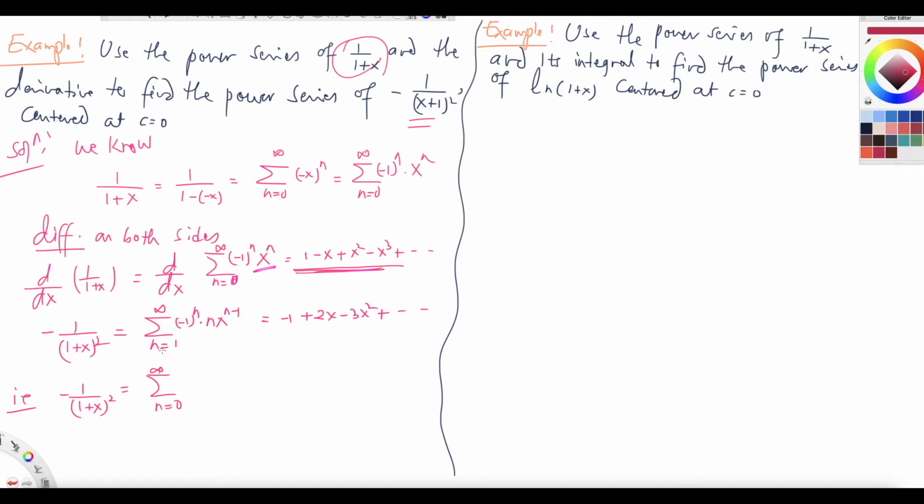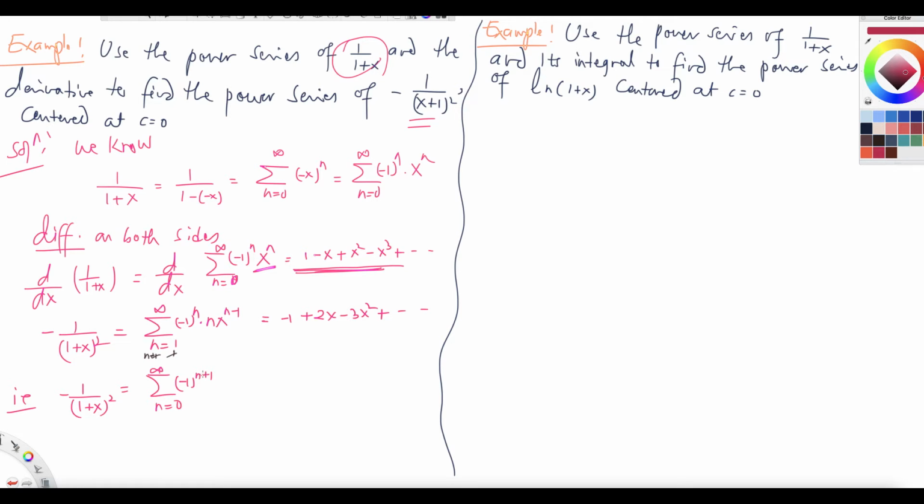Because you see that if you start from, so you can replace n by n minus 1, so n minus 1 will be 0, right? So you can write that as replace n by n plus 1. Okay, if you replace n by n plus 1, what do you get? That will become n plus 1, that is 1. So 1 and 1 will cancel out, so you will get n equals to 0, right? So you will get negative 1 to the n plus 1, right? Negative 1 to the n plus 1. You see that?